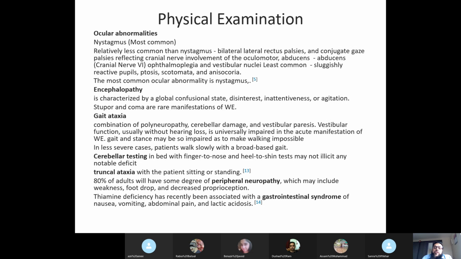So it will be good practice to check, if a station comes for Wernicke's encephalopathy, not only for Korsakoff but Wernicke's, I would check for peripheral neuropathy.